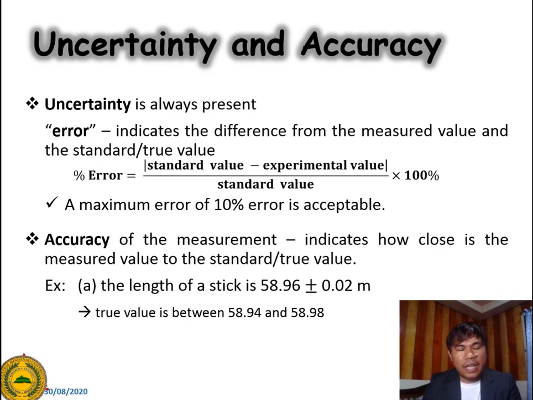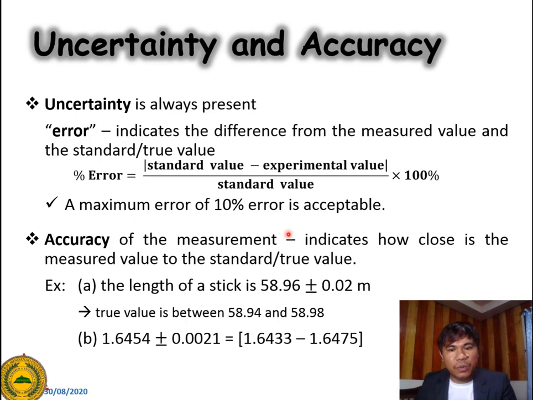So what you do is try to minimize that uncertainty to a certain acceptable range. In your laboratory, we agree that this range of error is 10%. That's acceptable.